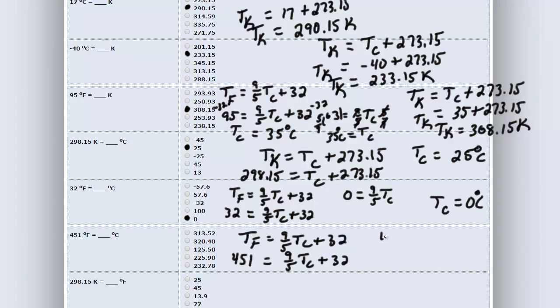So 419 is equal to 9/5 the temperature in Celsius. And so we multiply by 5/9 on both sides. That gives the temperature in Celsius by itself. And so we get roughly 232.78 degrees Celsius.